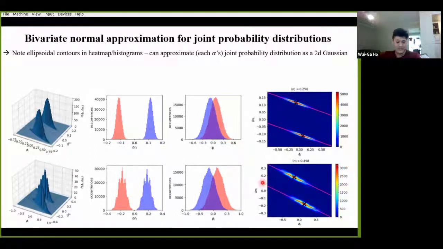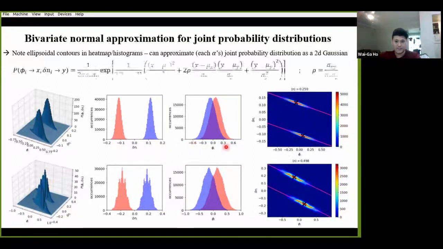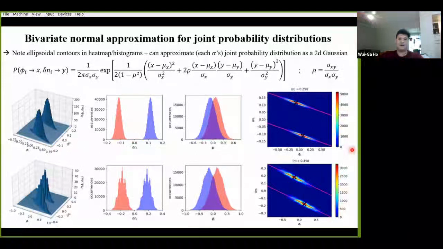So with all this information, we can use some intuition and apply a standard approximation for the joint probability using this 2D generalization of the Gaussian. So this so-called bivariate normal distribution is entirely parameterized in terms of the disordered Hartree moments that we computed for the species resolved statistics in the previous slide.